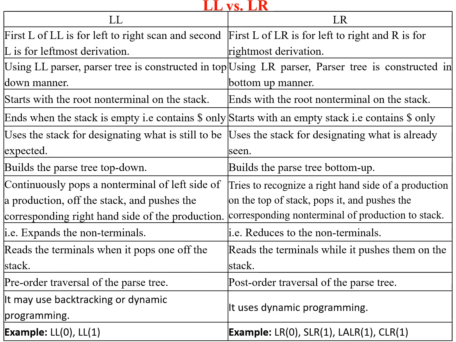That means in LL, we are expanding the non-terminals, whereas in LR, we are reducing to non-terminals. In LL, the parser reads the terminals when it pops them off the stack, one by one, whereas LR reads the terminals while it pushes them onto the stack.